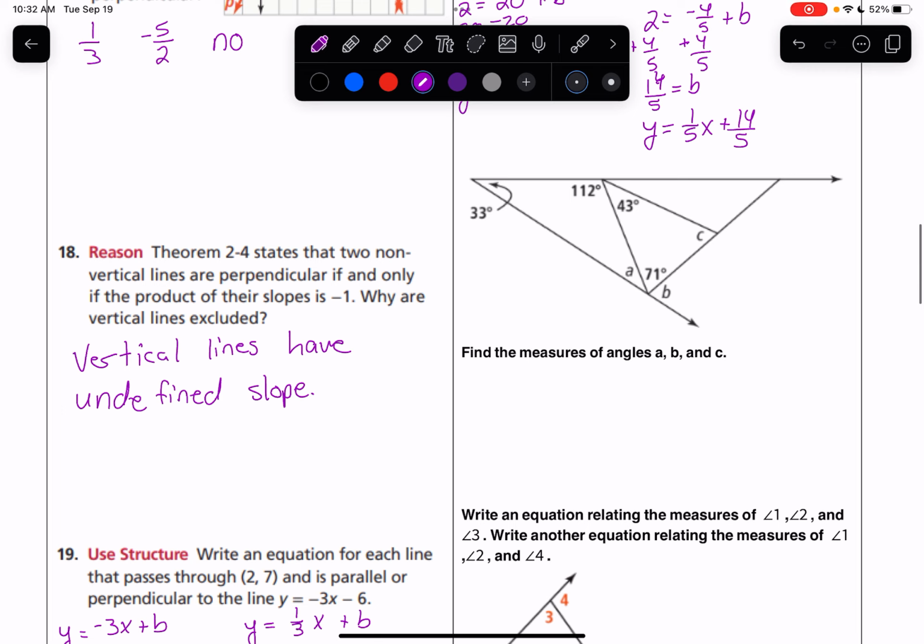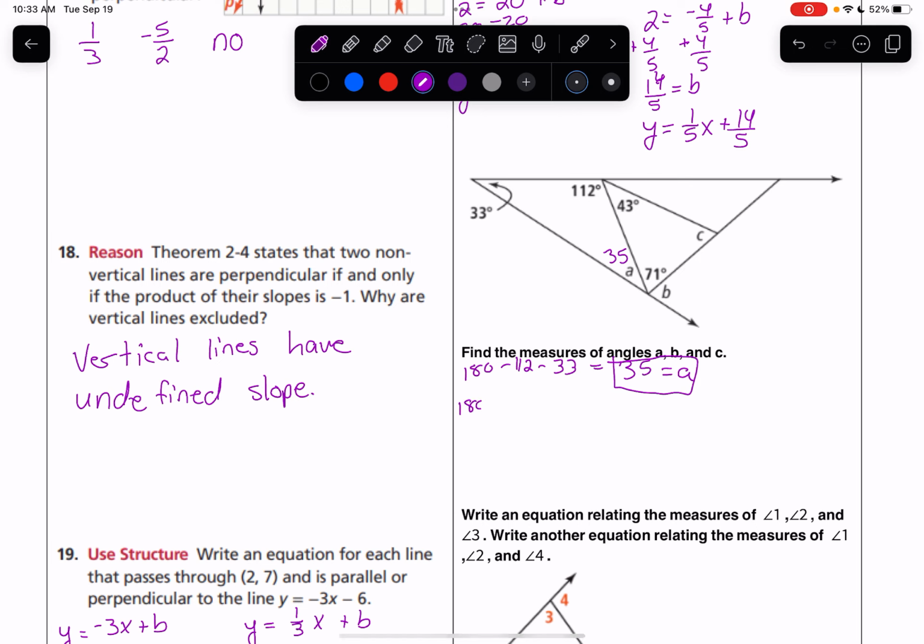Down here we have to find the measures of angles A, B, and C. We can find A by doing 180 minus 112 minus 33. So A is going to be 35. Now we know that this is 35. We know that A, 71, and B make a 180-degree angle.